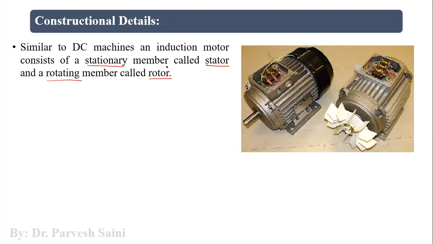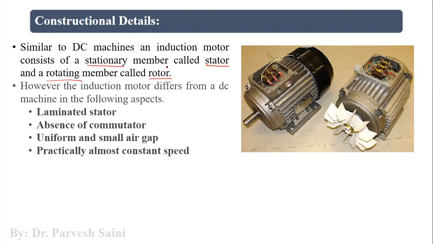AC motors, that means induction motors, do have a static part, that means a stator, and a rotating part, that means a rotor. However, these induction motors are quite different from DC motors based on some aspects, such as in DC motors, the stator which we use serves the purpose of enclosing the armature.